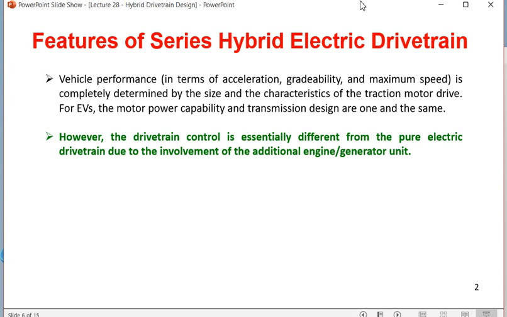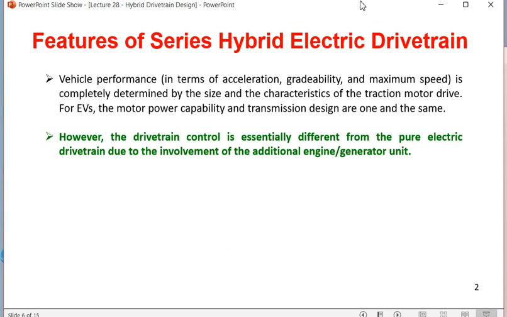In case of only electrical drivetrain, we have found that only charging from the external plug or regeneration of energy from the output to the input were the two main sources of electrical energy in case of EV.